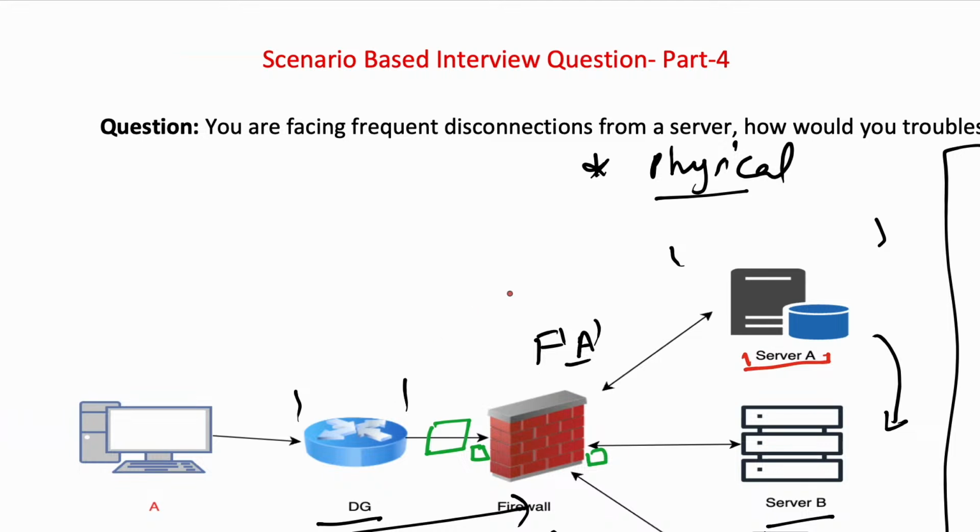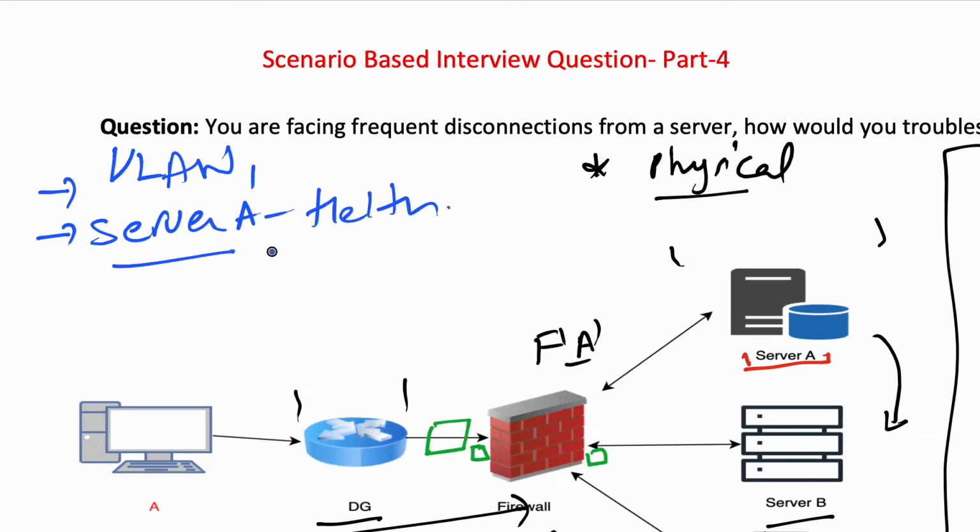Then coming to the normal network connectivity, you will check VLAN related issues, if there is any VLAN conflict when the traffic is coming back, or at the same time if somebody else is using that sort of functionality. If there is an issue, then you'll come to server A health.